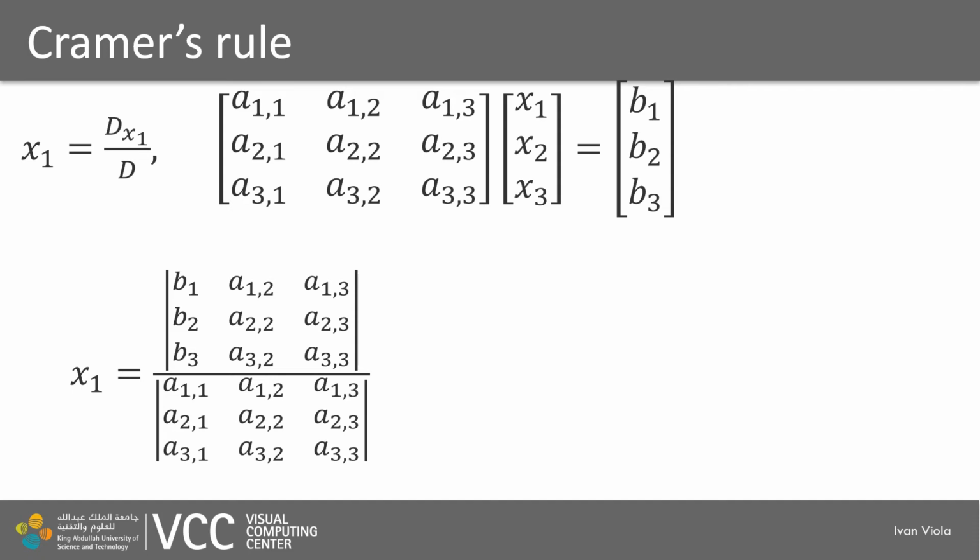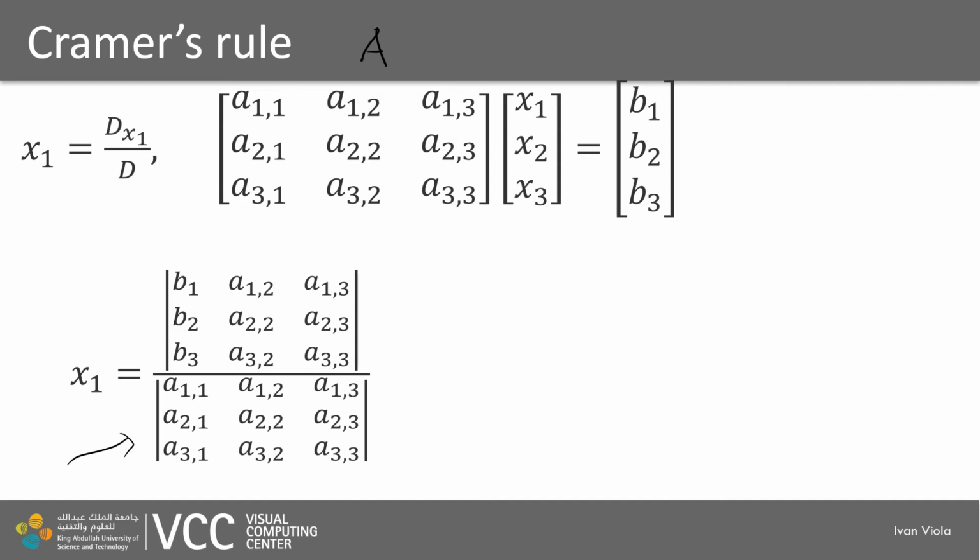Now, how do we calculate the x1, x2, and x3? One way to do it is through, again, determinants, and we can do it by calculating a determinant of our matrix. So let's call this matrix A. And the other matrix in the numerator will be the matrix A, but also formed from the solution vector.